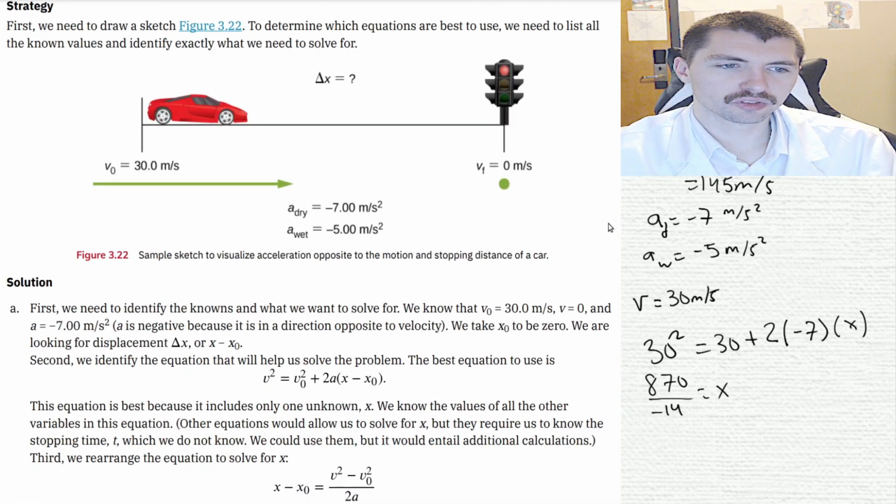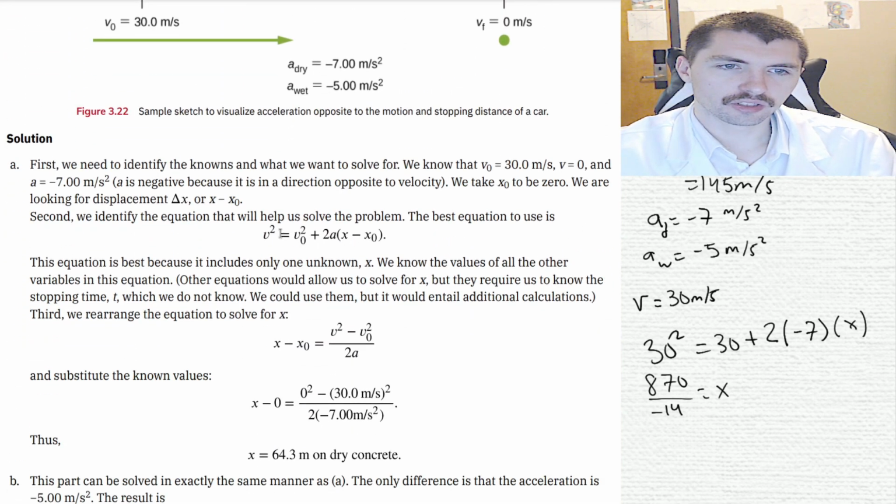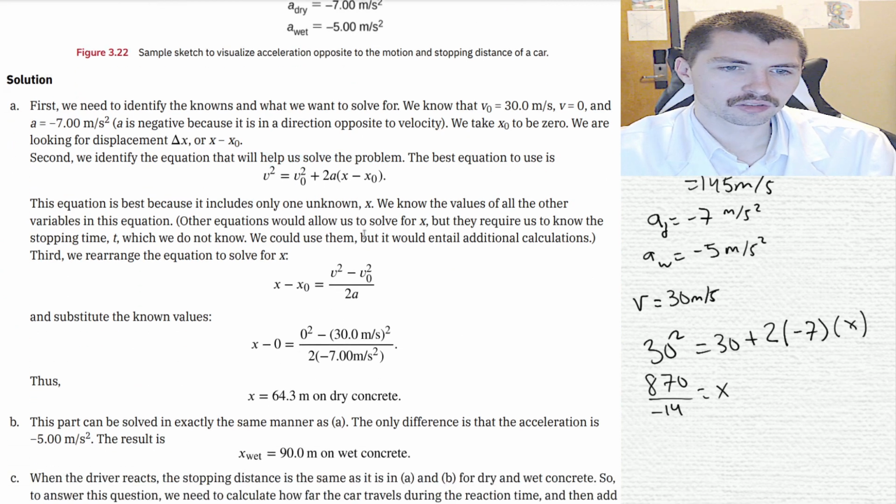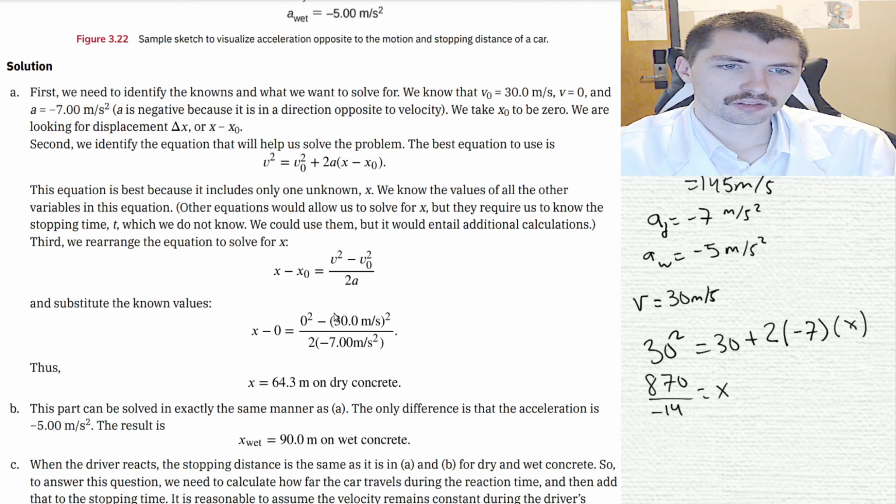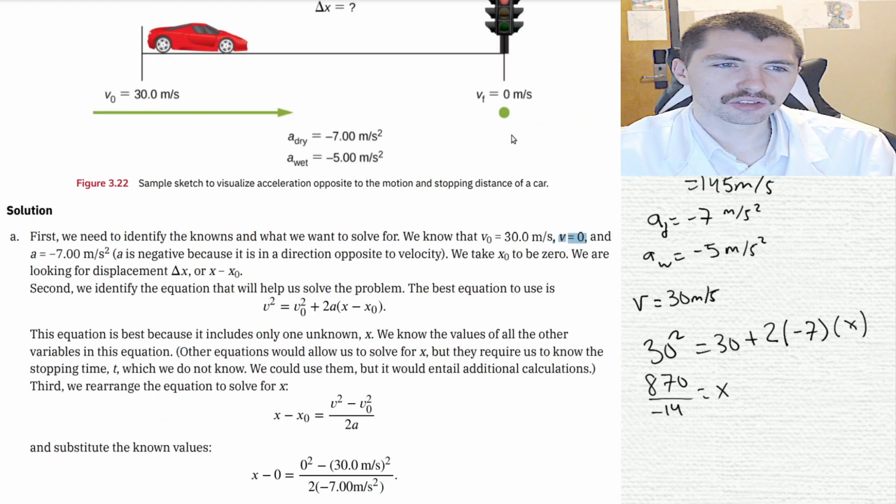See if I'm close. Okay, so they did use this one. So I want to know what they used for V naught. V naught, they did use 30. V is 0.